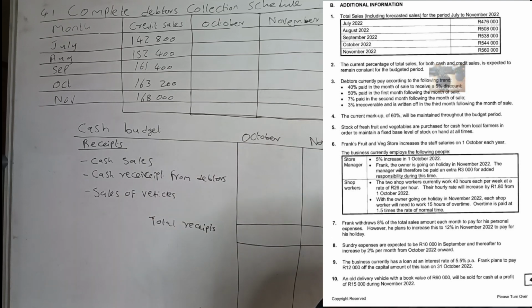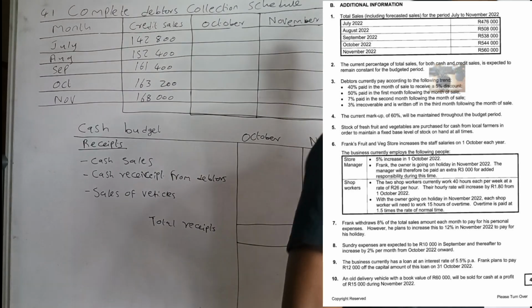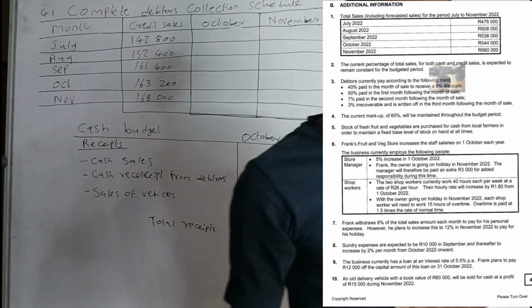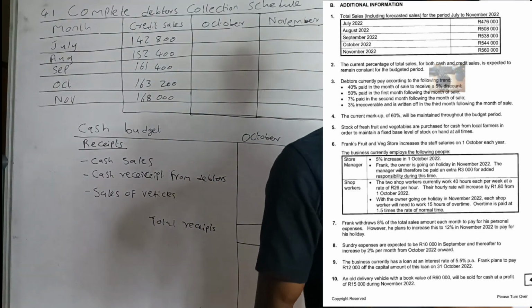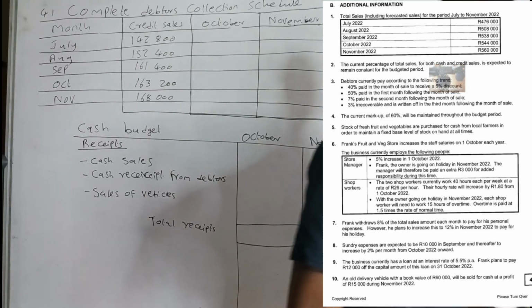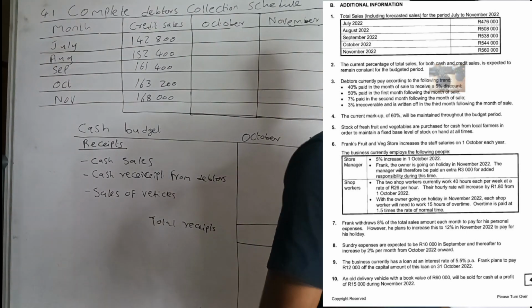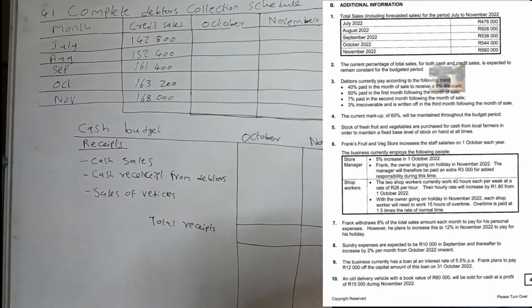Number 3, they said that debtors currently pay according to the following trend. 40% is paid in the month of sales to receive a 5% discount, which in other words means that if a debtor purchased in January they are going to pay us 40% in January and receive a discount of 5%. We are trying to encourage them to pay as early as possible. Then 50% will be paid in the following month.